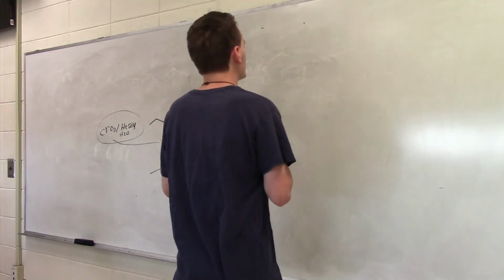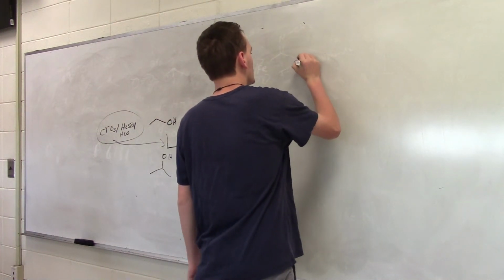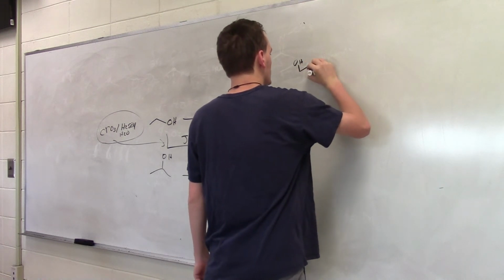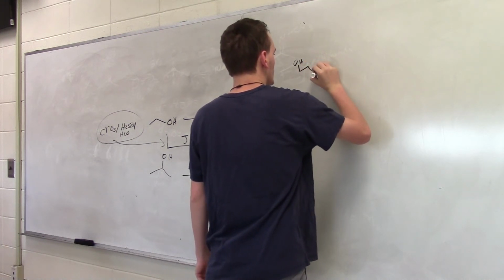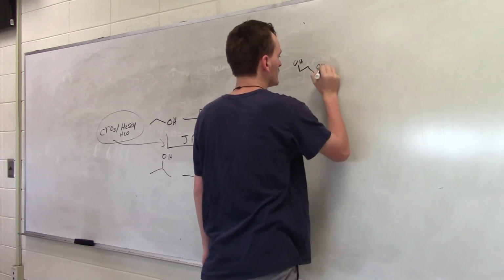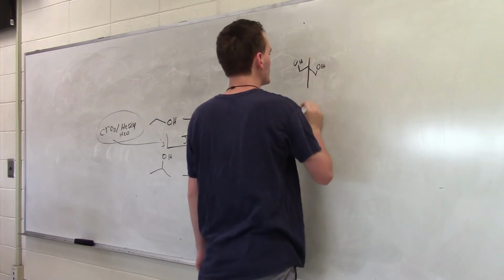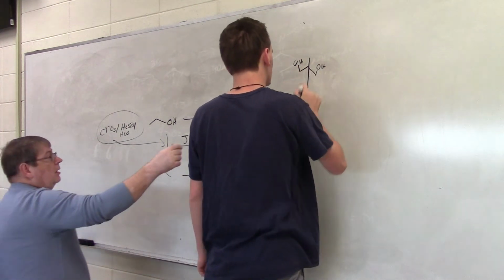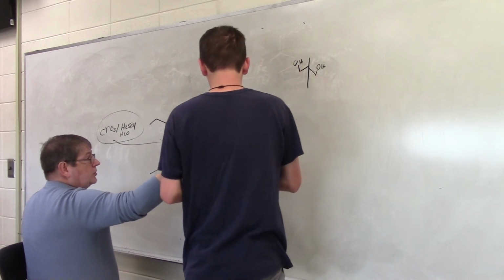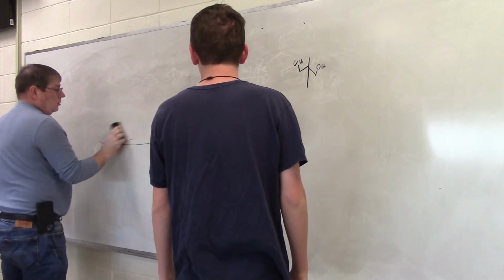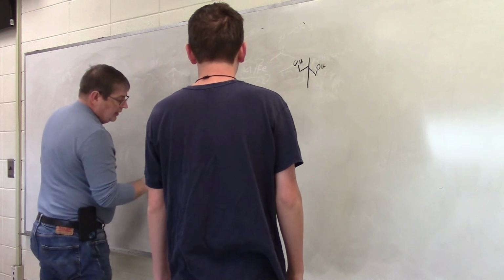So, for example, if we had this, okay, so you're talking about symmetry. Yeah. All right, so are you talking about the number of signals? The number of hydrogens is going to be the number of hydrogens, right?